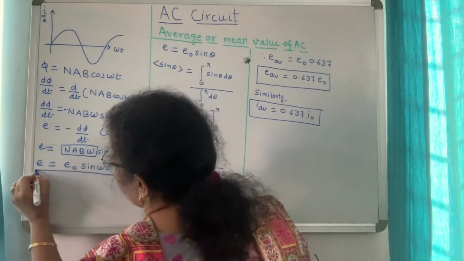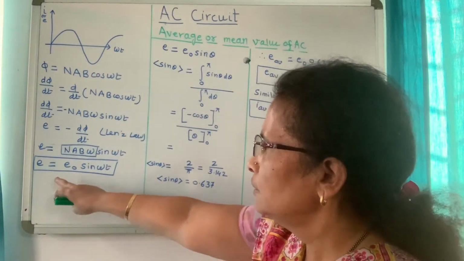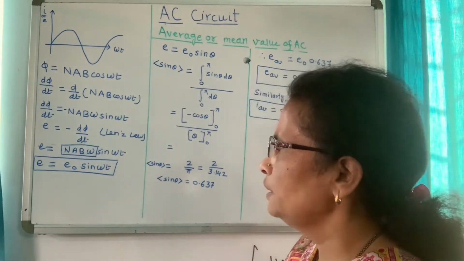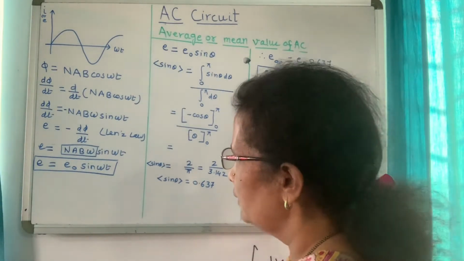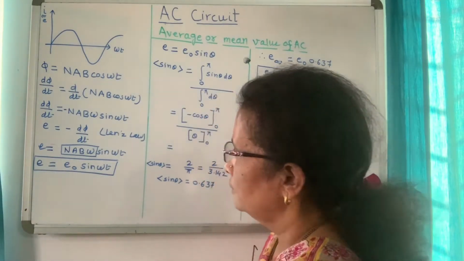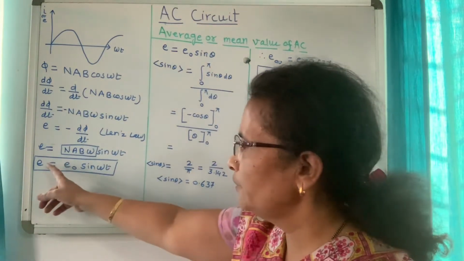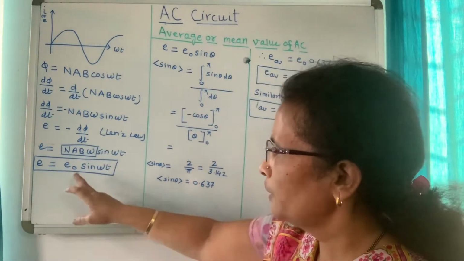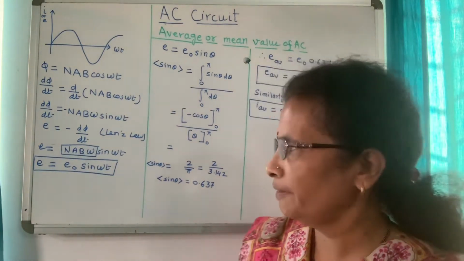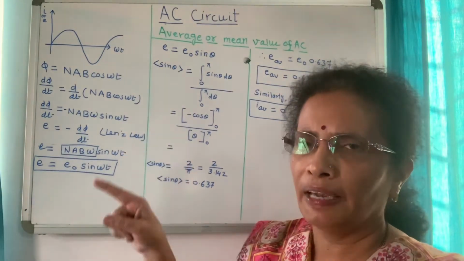This is a very important relation between E and E0. This relation E equals E0 sine omega t tells us what E is. E is the induced EMF at a time t, or effective EMF at a time t. What is E0? E0 is the peak value or the maximum value of the EMF, because as I told, the EMF or current changes in magnitude.